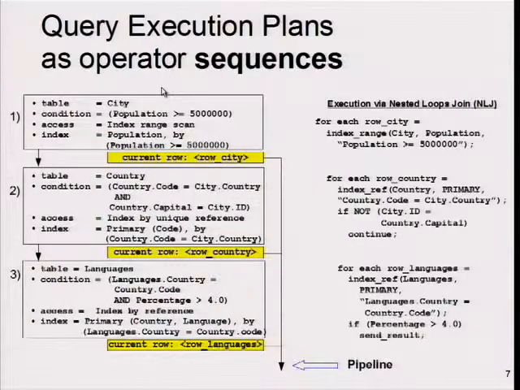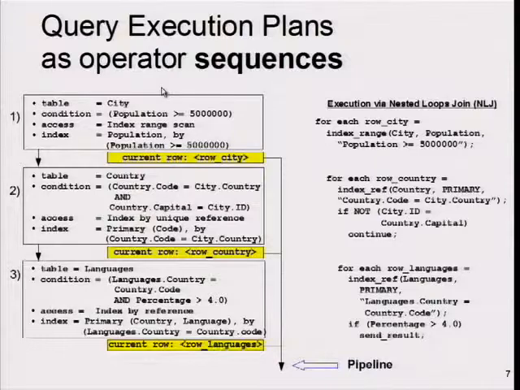The same for the remaining operators. These conditions here are called push-down conditions. If this is the first operator, the push-down condition is still a select condition, but any other condition below the first one in the plan can be a join condition as well.